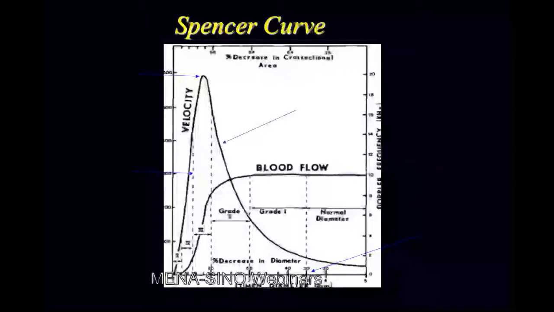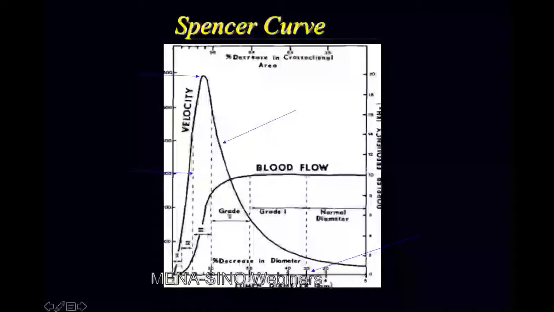If you understand this figure, I think you understand how TCD plays a role in diagnosing intracranial atherosclerotic disease. It's called the Spencer curve. On the x-axis you have the lumen diameter, and on the y-axis you have the velocity.